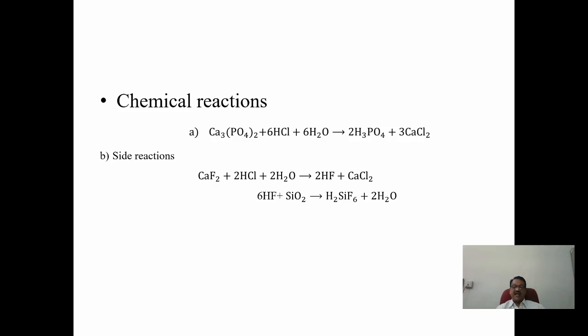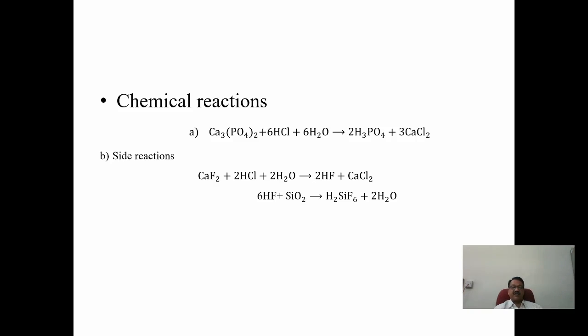Then we see the chemical reactions that are taking place. Here, rock phosphate Ca3(PO4)2, which also contains some extent of calcium chloride and CaF2, is treated with hydrochloric acid and water, which produces phosphoric acid and calcium chloride.